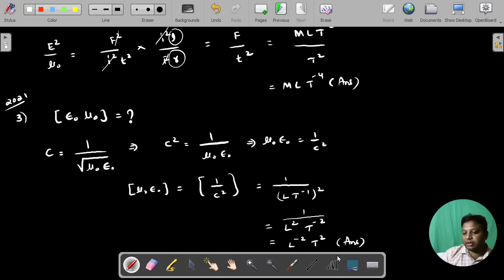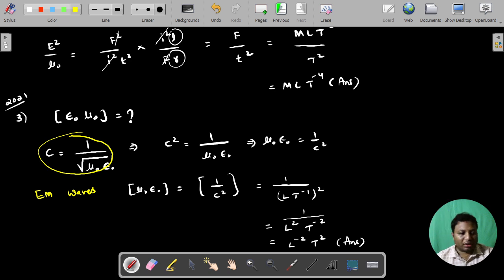Hope you understand this. While solving this problem, we used a formula from the electromagnetic waves chapter. Okay, so please make a list of all the formulae, and if you don't have one, you may find lists which are already available with your friends or on the internet, and you may get many sources.